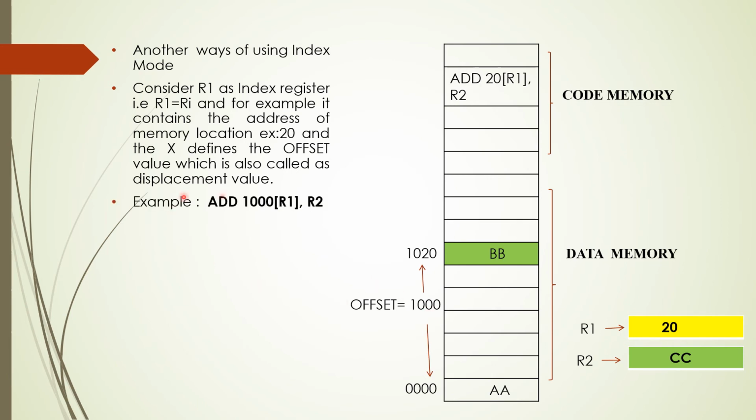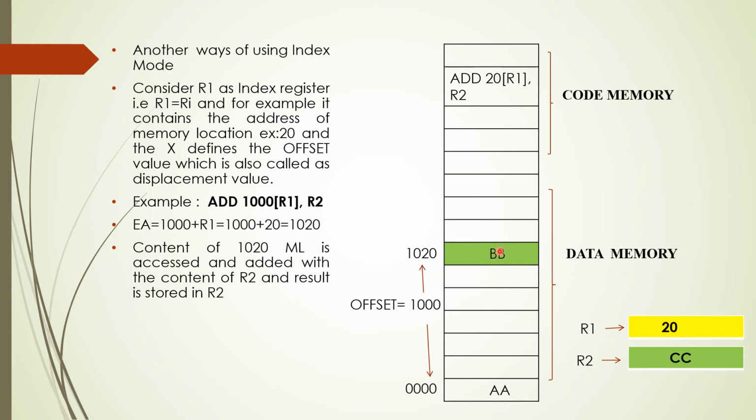So with this example, Add 1000 R1 in brackets, comma R2. The effective address is obtained by adding the content of R1 with 1000. That is 1000 plus 20 equals 1020. So the same memory location is accessed. The content from this memory location is brought to the ALU and added with the content of R2, and the result is stored in the R2 register, assuming R2 as the destination operand.